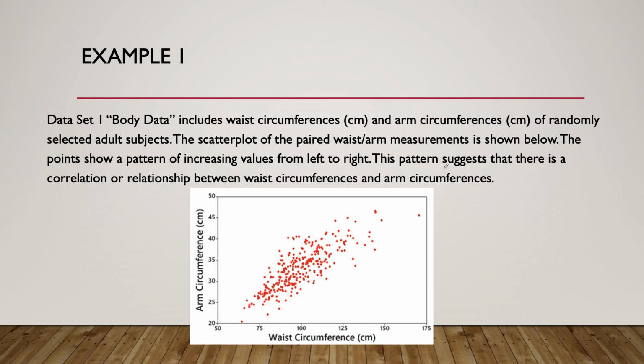This suggests that there is a correlation or relationship between waist circumferences and arm circumferences, and due to the way that it increases from left to right and increases from the bottom to the top, this would be a positive correlation.